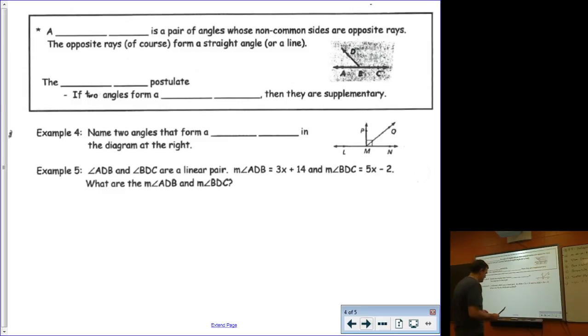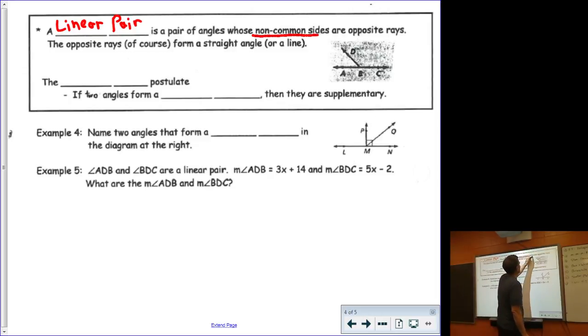All right, next definition. Our next definition is called a linear pair. And that is a pair of angles whose non-common sides are opposite rays. The opposite rays, of course, form a straight angle or a straight line.